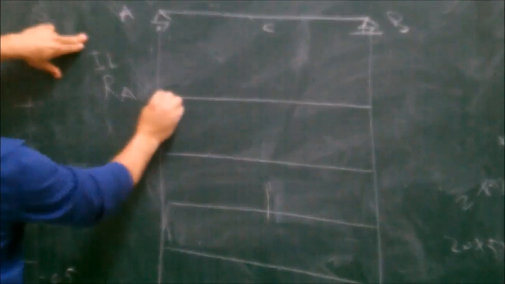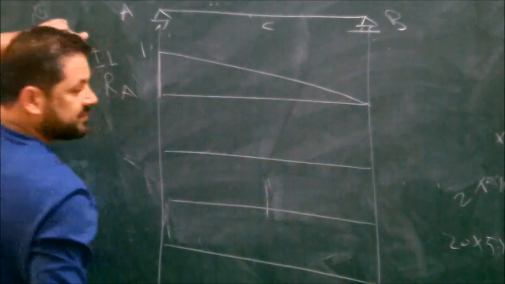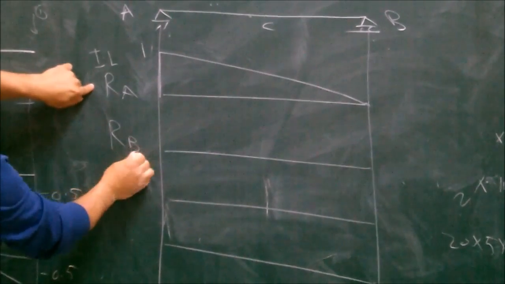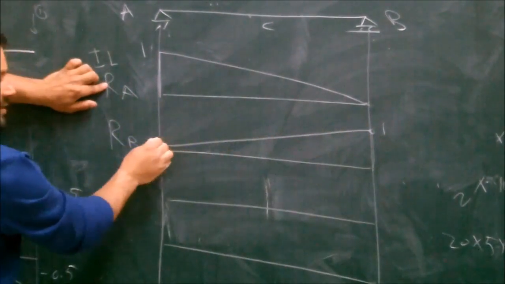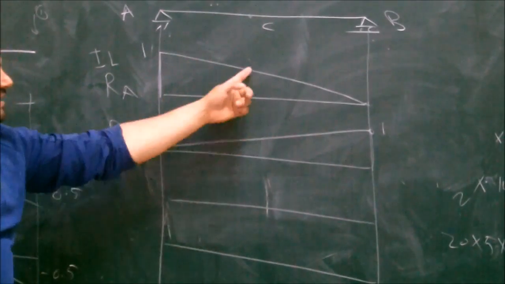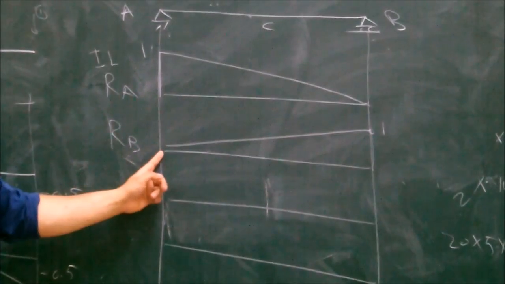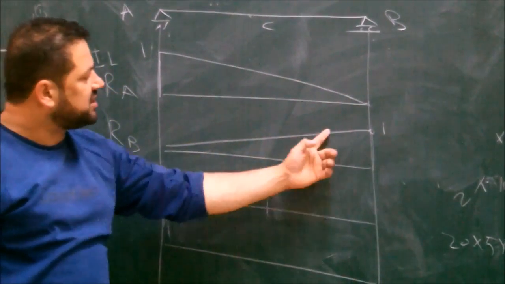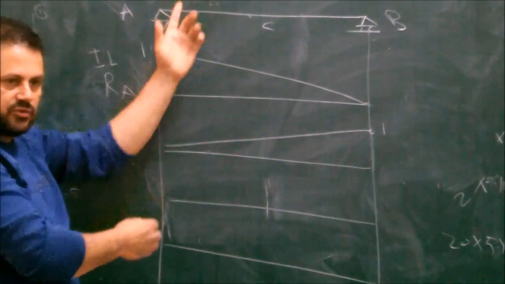It goes up to 1 and 0 here. So straight segment. What's the influence line for RB? The opposite: 1 here, 0 here. The sum of the reactions at any point equals 1. So 1 plus 0 is 1. 0.5 and 0.5, 0.75 and 0.25. The sum of the reactions is 1.